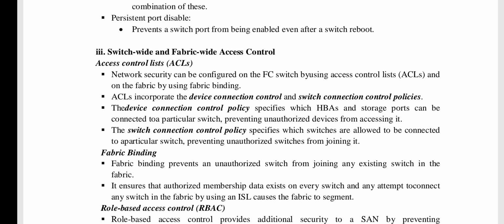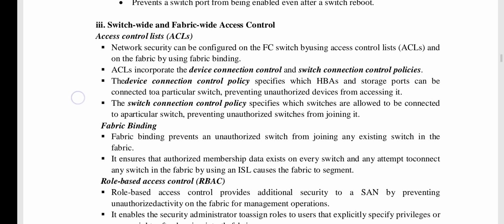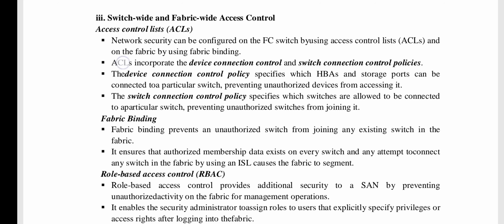Next is switch-wide and fabric-wide access control. We use the access control list here. Network security can be configured on the FC switch using access control lists, and on the fabric by using the fabric binding mechanism. So you have a list of those who can connect to the fabric.